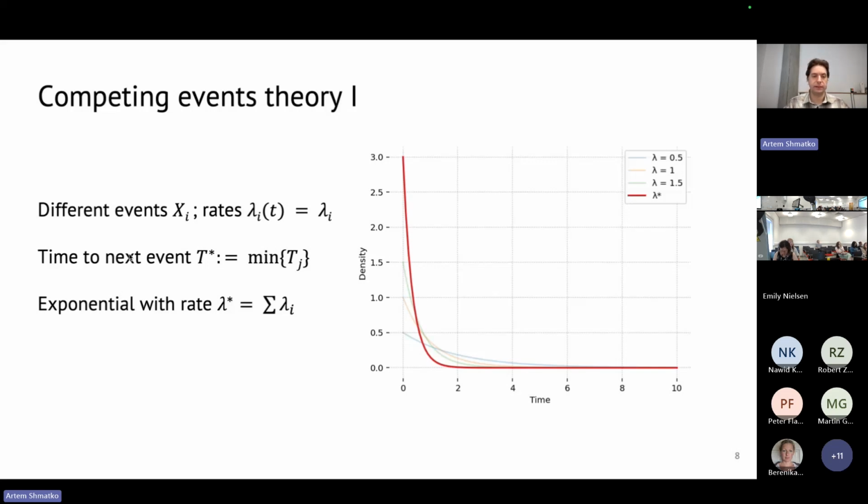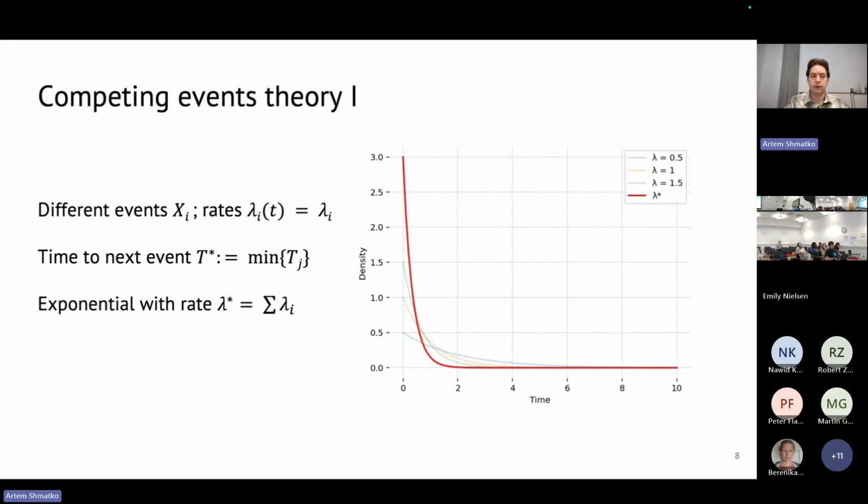So essentially, the minimum of exponential distributions is also an exponential distribution, and the rate parameter for this exponential distribution would be just the sum of the individual rates of the competing events.